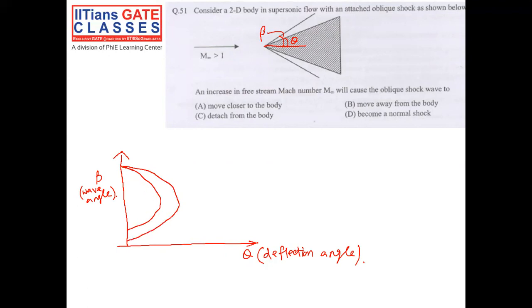So this is the theta-beta-M relation for a particular Mach number, let's say M1, and this is the theta-beta-M plot for a particular Mach number M2, and M2 is greater than M1. So as we go this way, the Mach number increases.